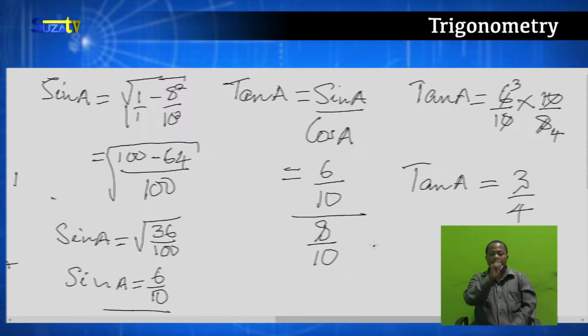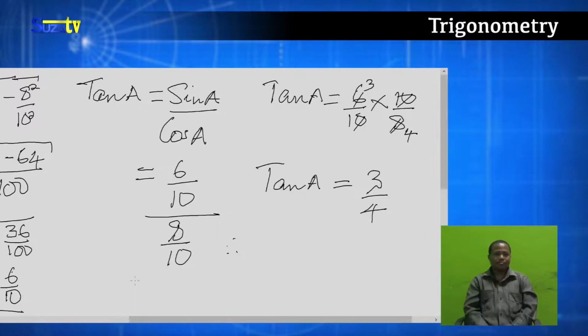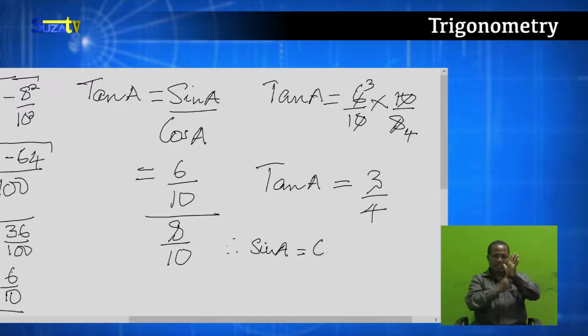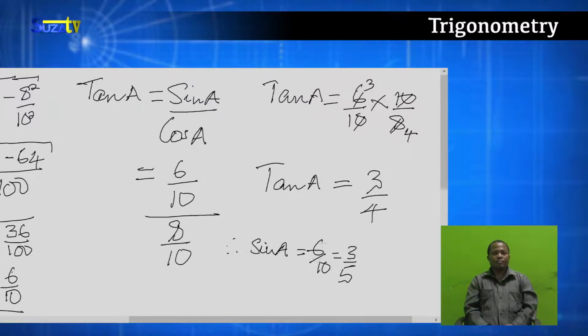So therefore we can say that sine A is equal to 6 over 10, but we can put it into a simpler form, which is 3 out of 5, since if you simplify by 2 throughout, there are 3 2's in 6 and 5 2's in 10.